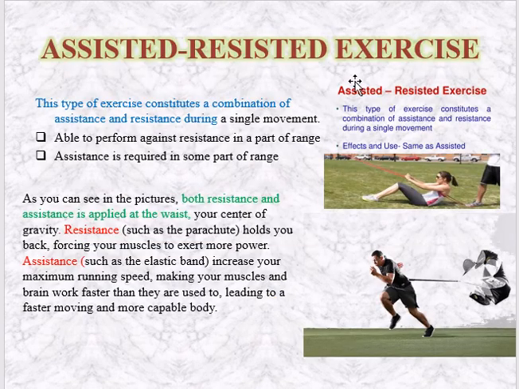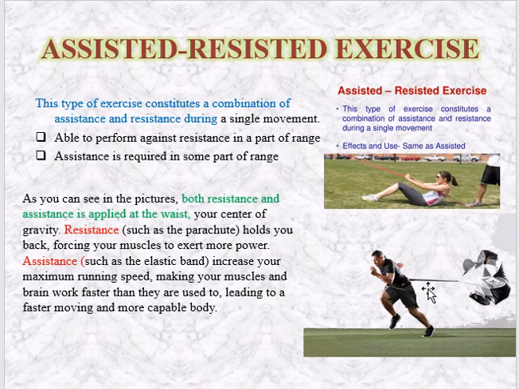Assisted resisted exercise, basically it's a combination of resistance and assistance. This type of exercise constitutes a combination of assistance and resistance during a single movement, able to perform against resistance in part of the range, and assistance is required in some part of the range. As you can see in the picture, both resistance and assistance are applied at the waist, your center of gravity.